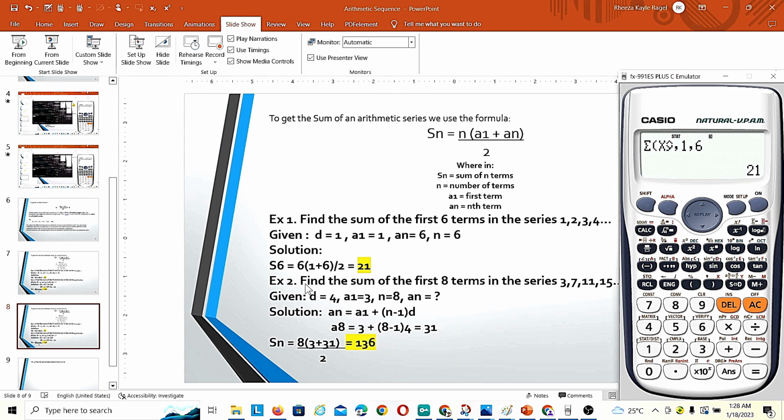And let's try to solve this second problem using calculator. Mode, stat again, and then 2. And then the sum of the first 8 terms in the series. Okay, so we have 1, and then let's try 2, and then let's try 2 numbers only.